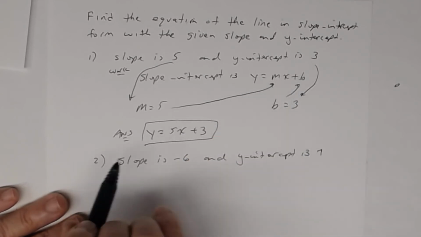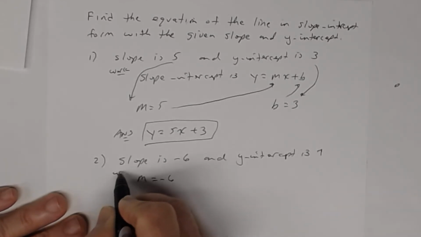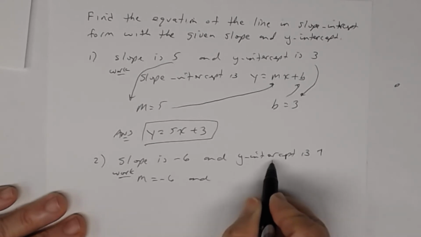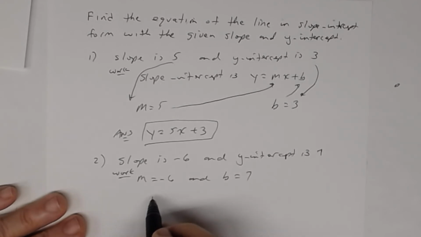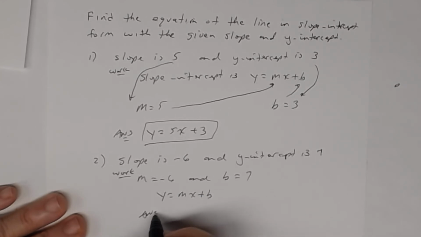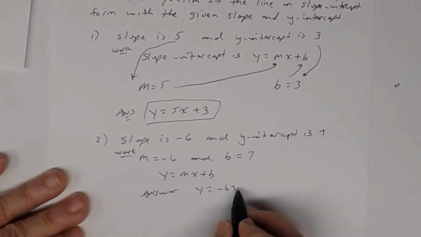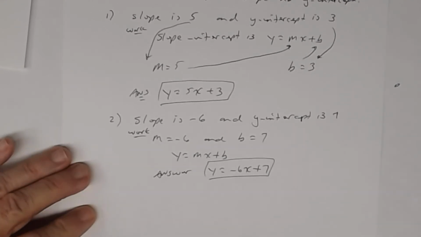So m is -6, and the y-intercept, that's b, is 7. Now we substitute into the formula, y equals mx plus b. So the answer is y equals -6 times x plus 7. There's your answer.